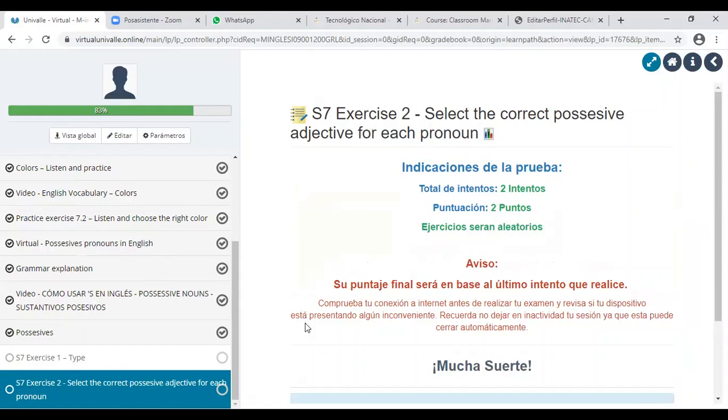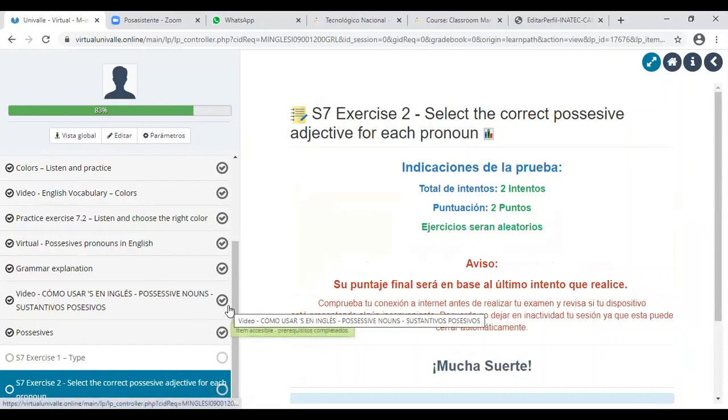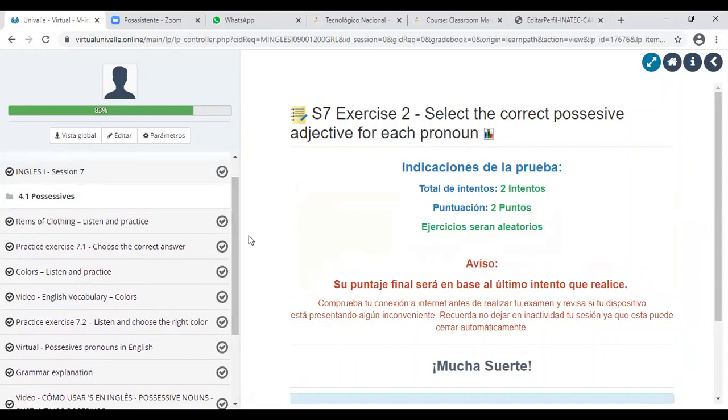This exercise goes for 2 points as well. And also you're going to have two tries. If you fail in the first one, you are going to have the second chance to improve.